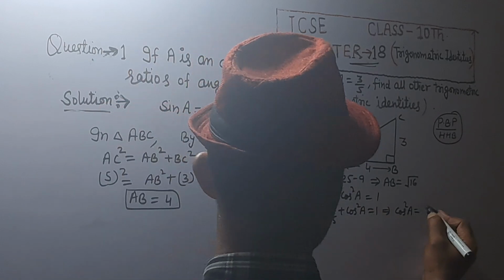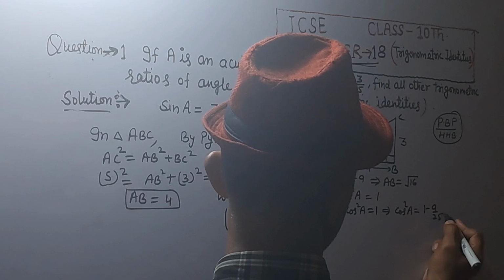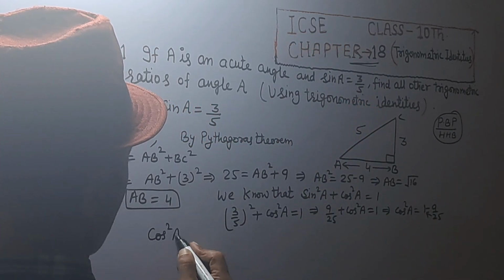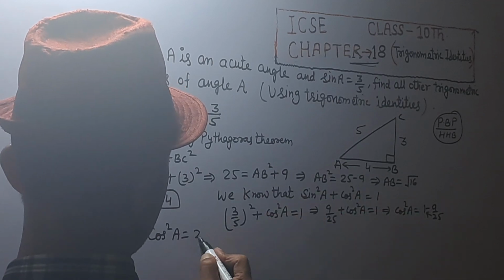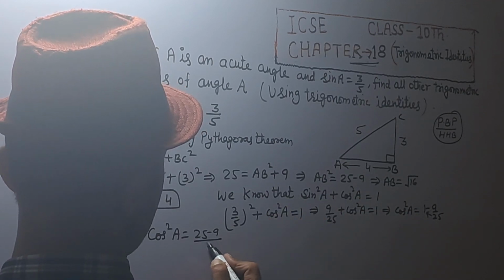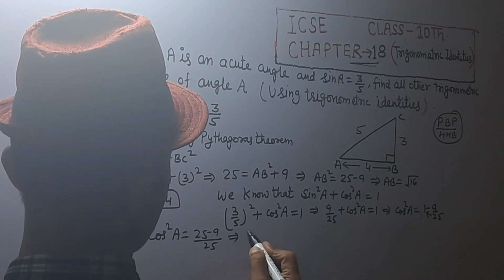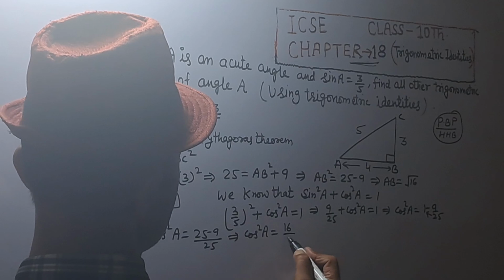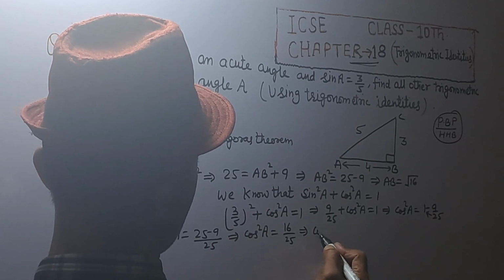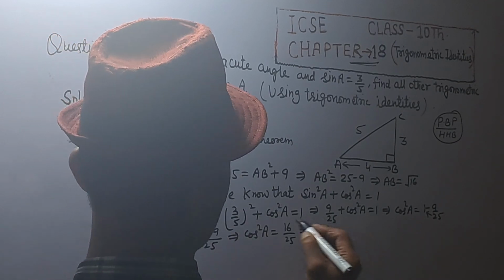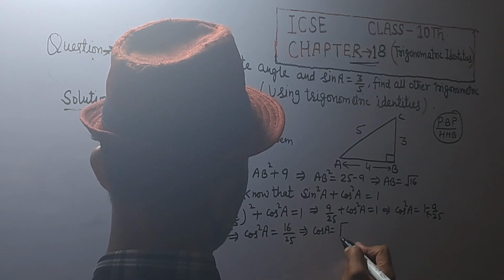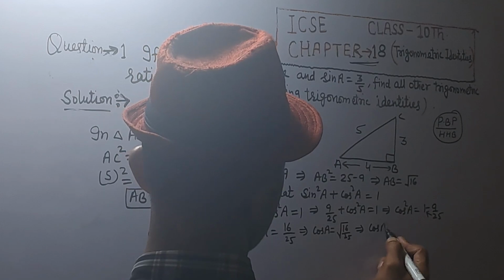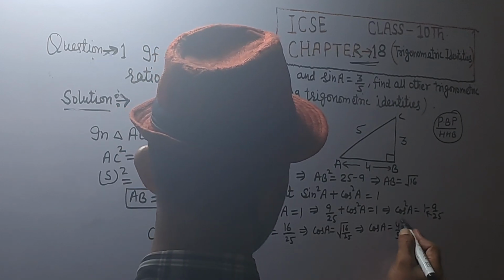Cos square A is equal to 1 minus 9/25, which is 25 minus 9 over 25, so cos square A is equal to 16/25, and cos A is equal to under root of 16/25, that is 4/5.